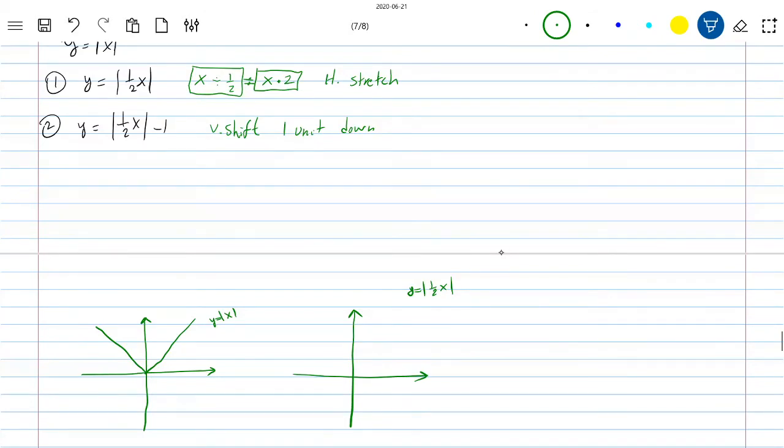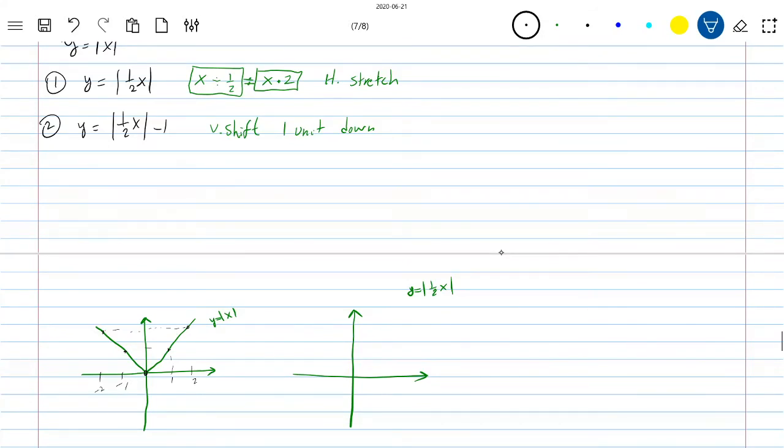For that, I'm going to pick a couple of points on the graph. I have 0, 0. I have 1, 1. 2, 2. You can say -1 and 1, and -2 and 2. You don't need to pick 20 points, just picking a couple is enough. In this case, picking 3 points is good enough.